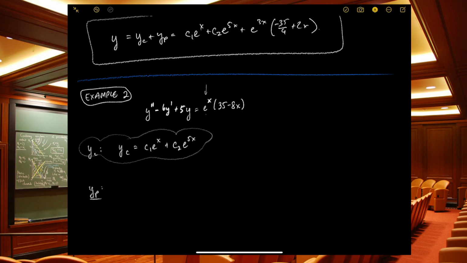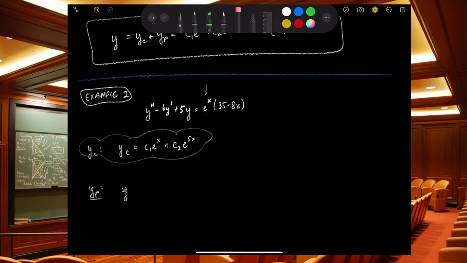For our particular solution, again, we're going to hope that our yp is u times e to the x.